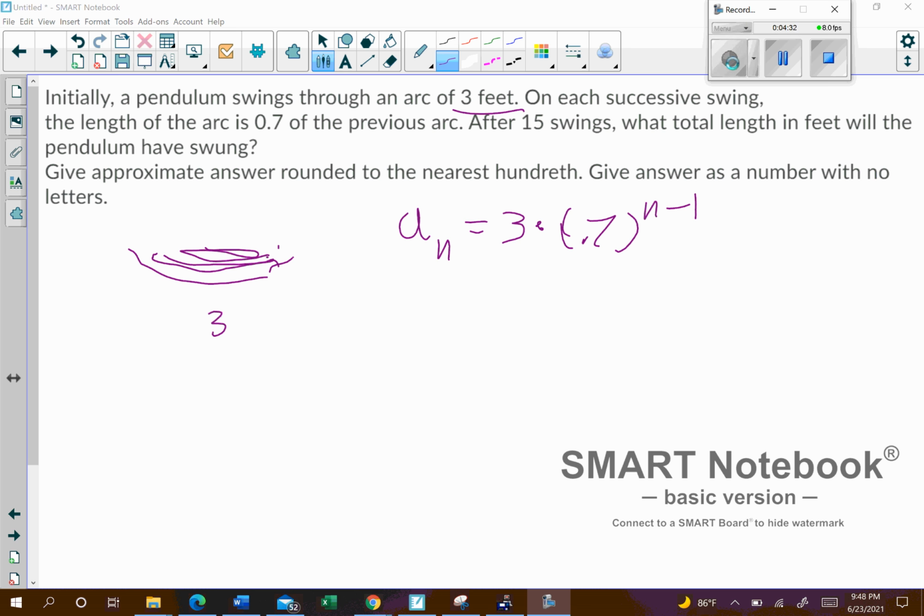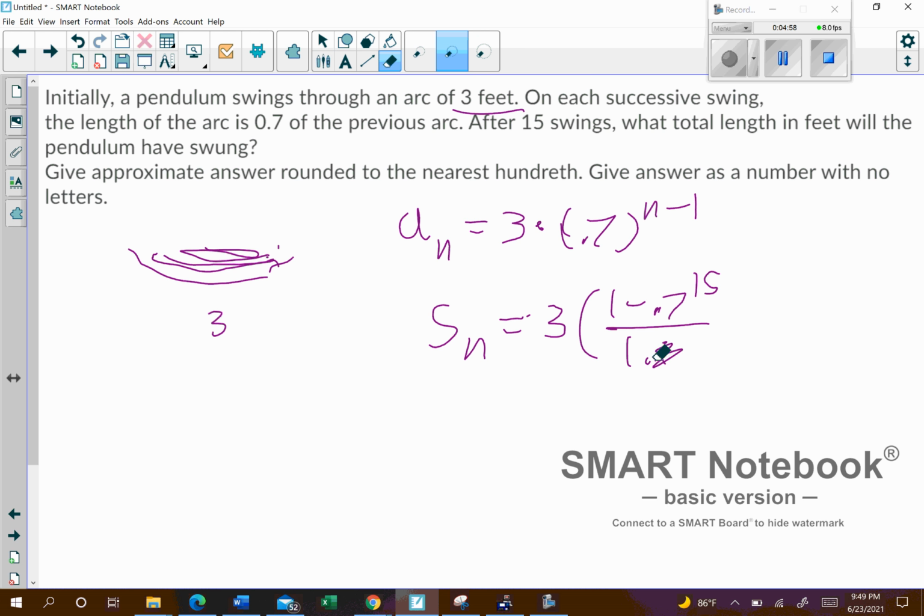So let's see, S sub n equals our first term, 3, times 1 minus 0.7 raised to the power of 15, and then all over 1 minus 0.7. We'll close that.